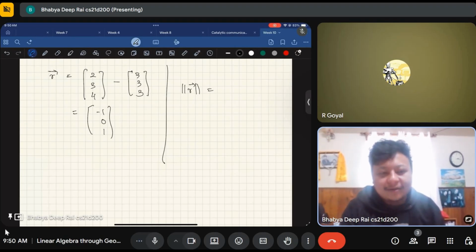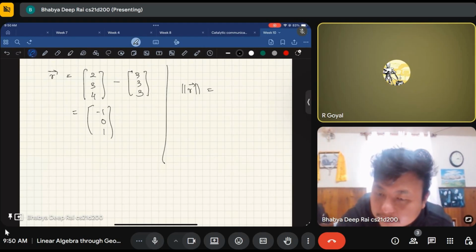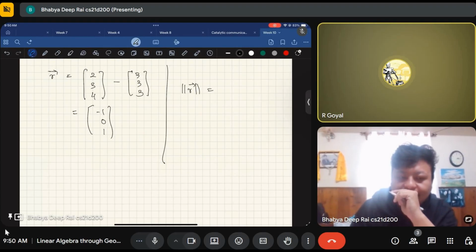Yes, maybe true. But if we use other norms, I remember that there used to be a circle kind of thing to find the approximation, and then a square kind of thing to get the approximate solution in the machine learning subject. People used to use some other norms as well, and I just forgot its name.